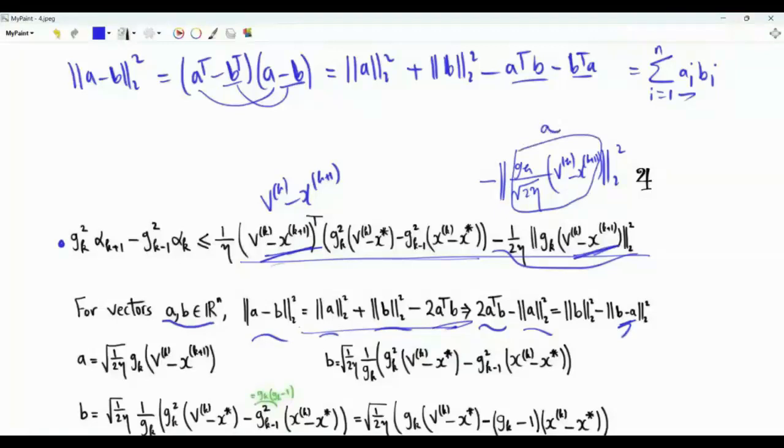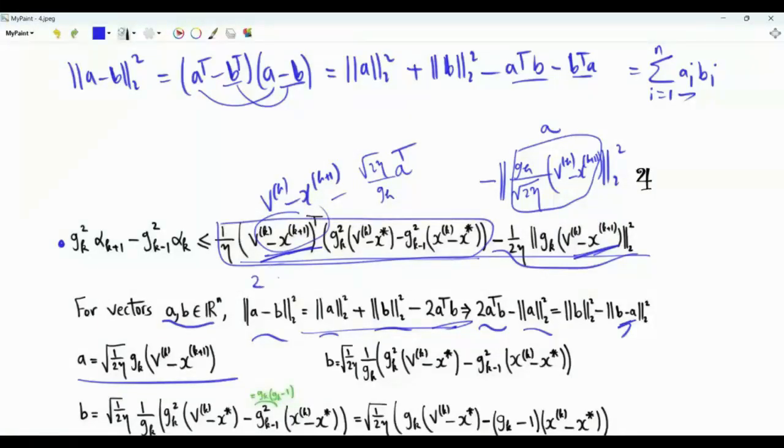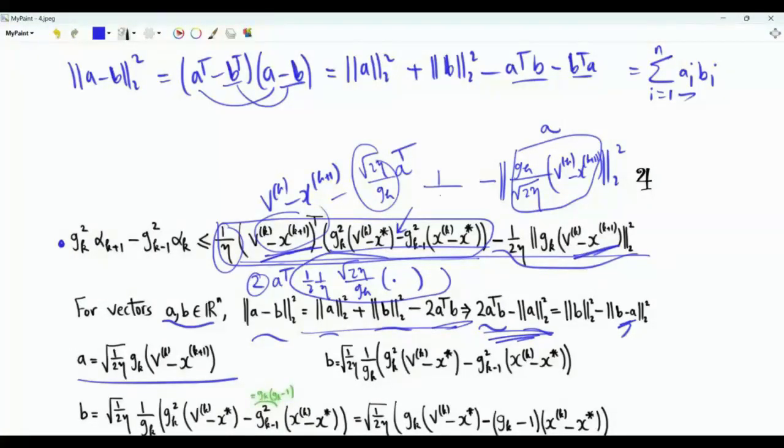Let this be vector A. We can write this part as square root 2 eta over gk times vector A transpose. This term here can be written as 2 times vector A transpose, and we have 1 over 2, 1 over eta, square root 2 eta over gk, and then this bracket here. To match what we have in our identity, this is vector B, the vector between brackets divided by gk, the square root of 2 eta.